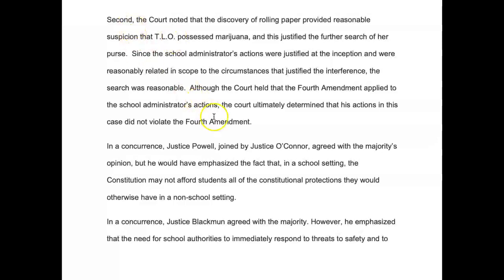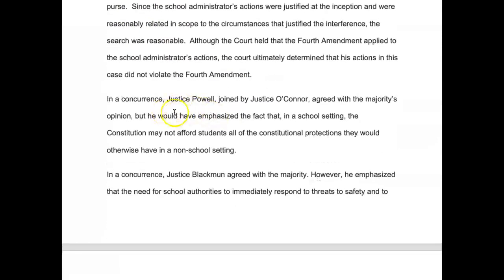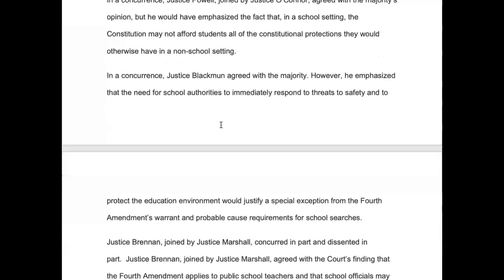Now, in concurrence, those people agreed with them, but a couple went even further and said that the school may not afford students all the constitutional protection they would otherwise have in a non-school setting. Some wanted to go even further and say kids really don't have any constitutional rights in a school setting.